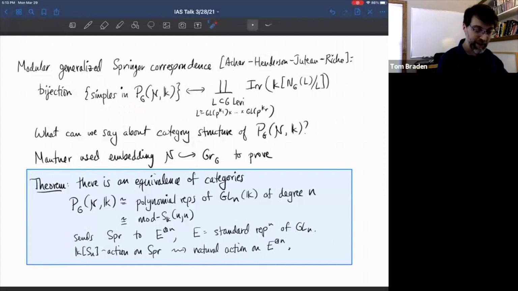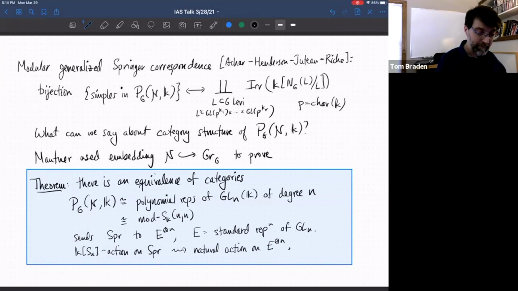And in this particular case for GL_n, the Levis that matter are just the ones which are GL of a power of the characteristic. So p is the characteristic of k. If you can decompose n as a sum of powers of the characteristic, then those are the Levis that are going to be relevant in this case.